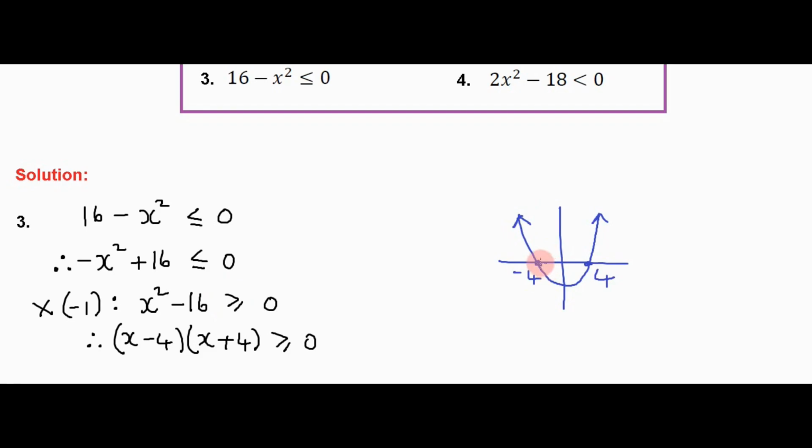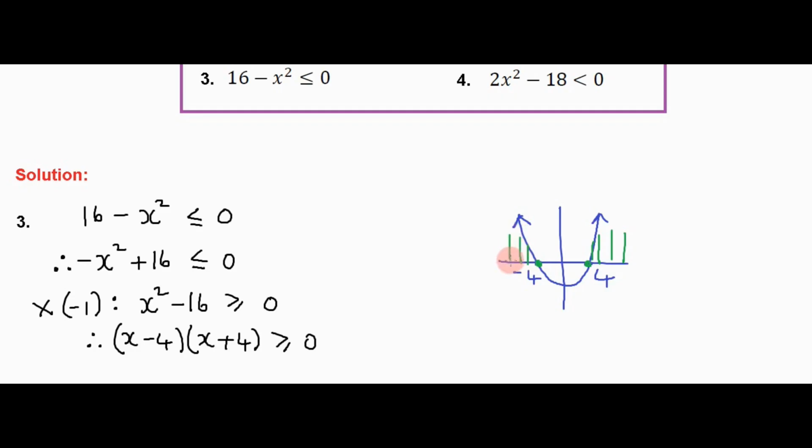Of course, at positive and negative 4, it's 0, in other words, where it cuts through the x-axis. And then for values of x greater than 4, it rises above the x-axis. So over here, as well as for x values below negative 4 or less than negative 4.